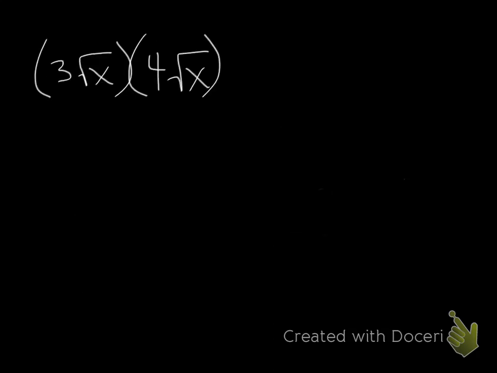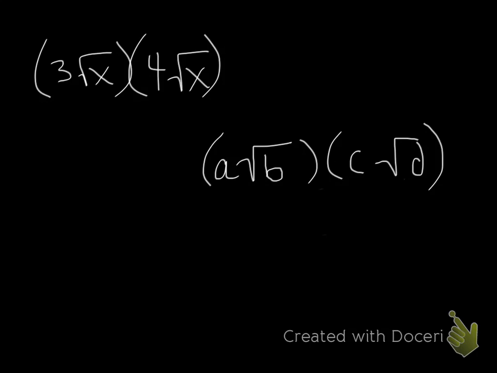Okay, now on to radical multiplication. When we do this, we multiply coefficients together and we multiply radicands together in this fashion. So here A and C are the coefficients and B and D are the radicands.